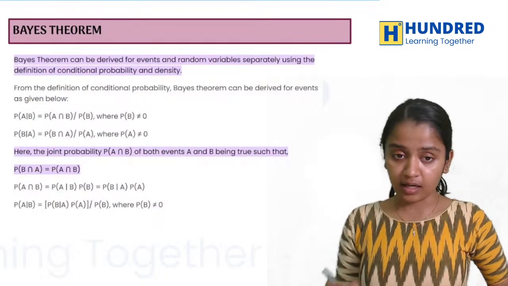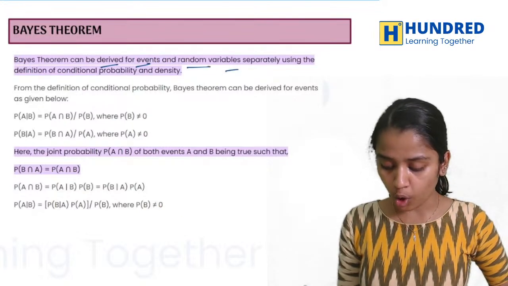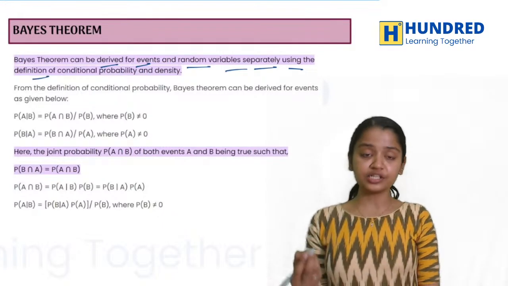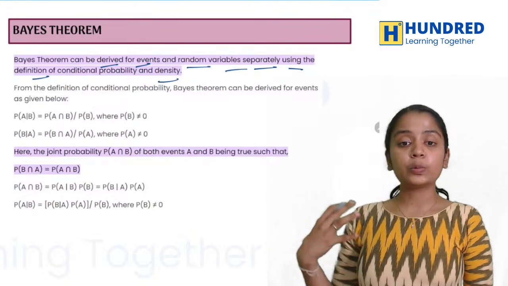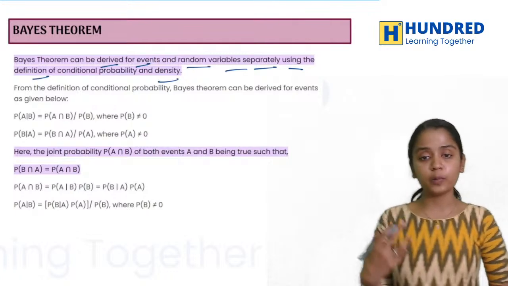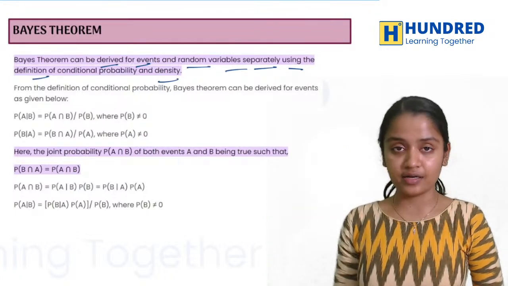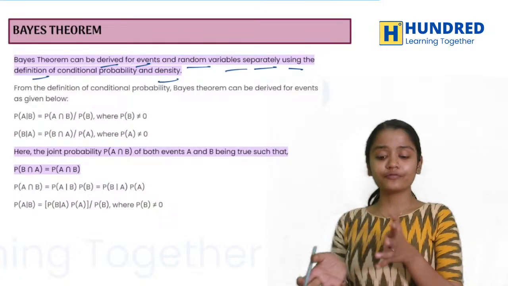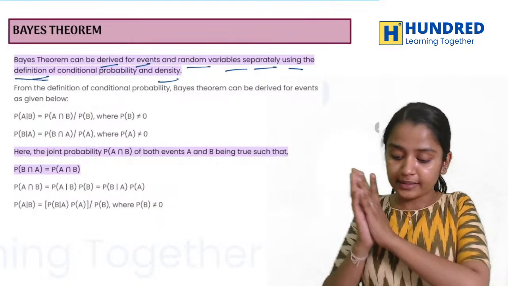Bayes theorem can be derived for events or random variables separately using definition of conditional probability and density. So we can derive a Bayes theorem for event or random variables separately, from the definition of conditional probability and density.